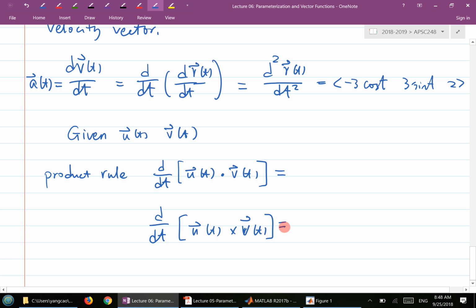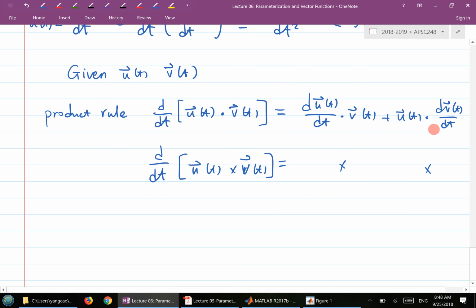Now, for the product rule, you get exactly the same kind of writing as for a scalar function: du over dt dot v of t, plus u of t dot dv over dt. For the cross product, no difference, just a cross here. A simple product rule applying to vector multiplications.